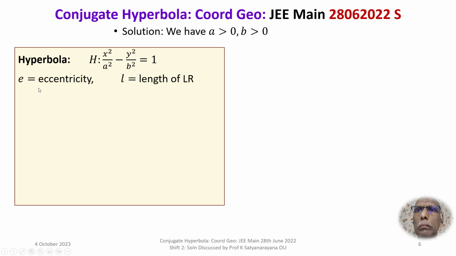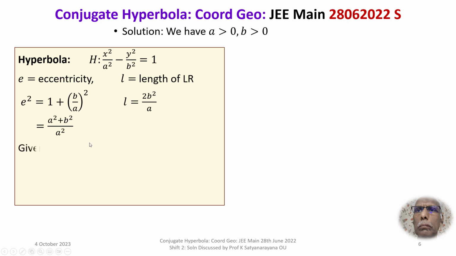And we have formulae for E and L. E square is equal to 1 plus b by a whole square, and L is equal to 2b square by a. Taking the LCM here, E square is equal to a square plus b square by a square.